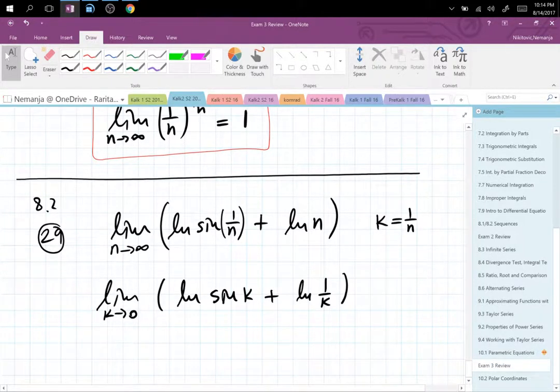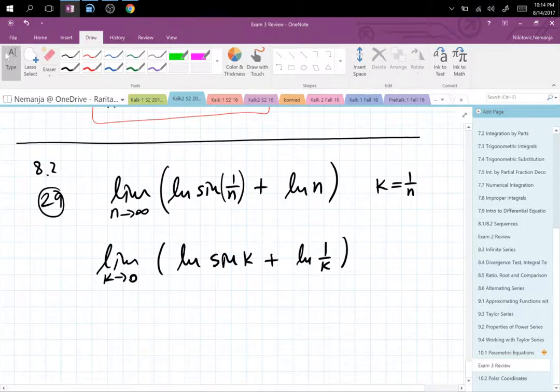The ln plus ln is going to be ln of sine k over k when I put them together using the log compression.